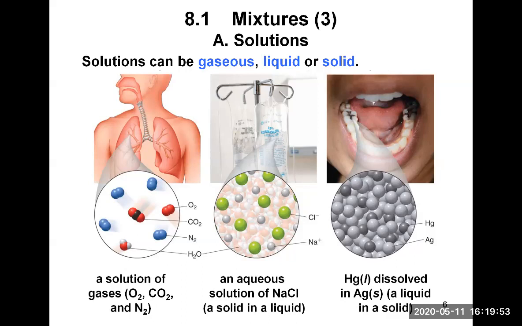And when you dissolve it in silver, it makes a homogeneous mixture that is used to fill cavities, and that becomes solid. Another example we had earlier was brass, right? Brass is a solid solution or homogeneous mixture.